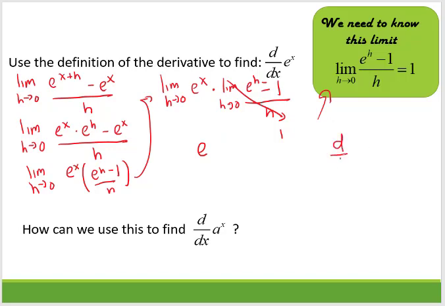So what did we just learn? d dx of e to the x is e to the x. Now the derivative d dx of a to the x is slightly different, but it's very similar. A to the x ln of a.